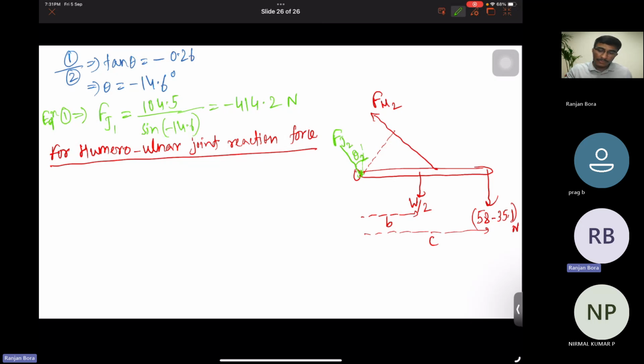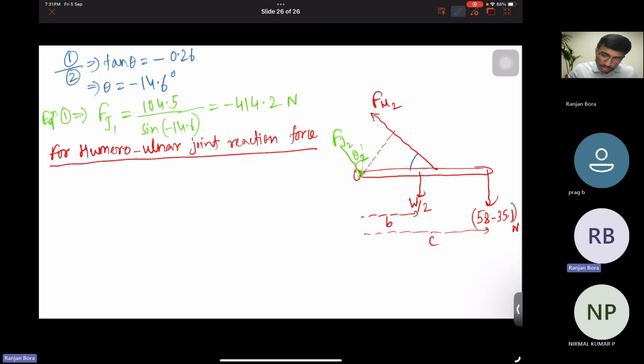Let us see what we find after doing the calculation. If it comes positive, that means our assumption is correct. If it comes negative, then the directions will be opposite. So we'll calculate using these directions.